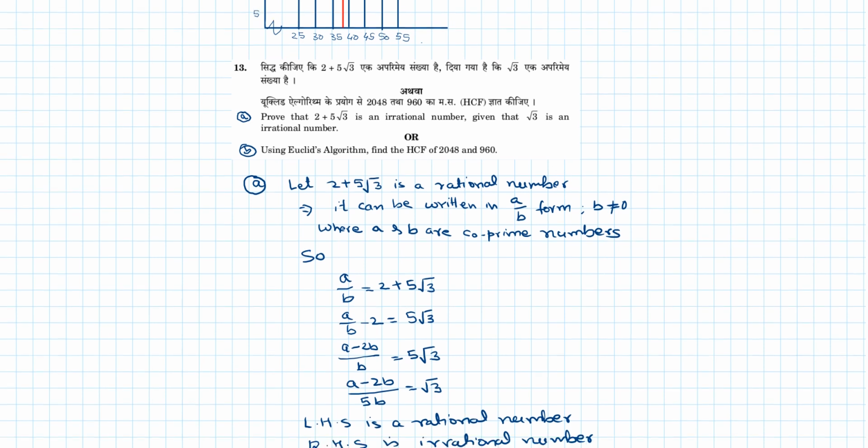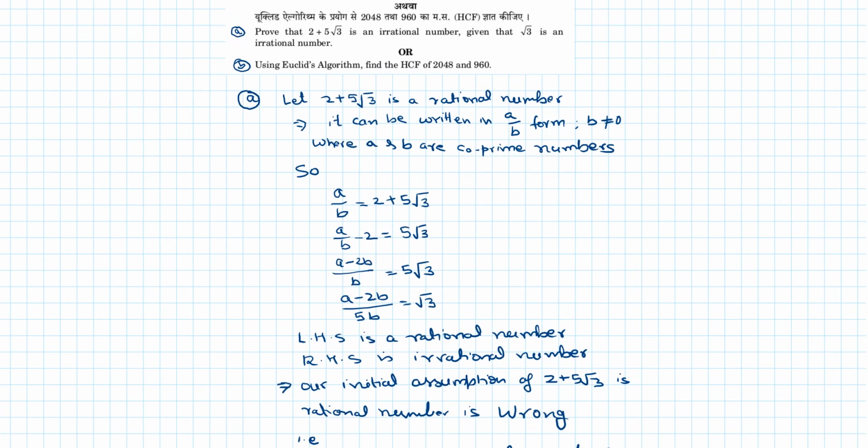Okay, then we are just solving and we get the following: a minus 2b divided by 5b is equal to √3. You can see that a by b is basically a rational number because a, b are co-prime numbers and their division will always give you a rational number.